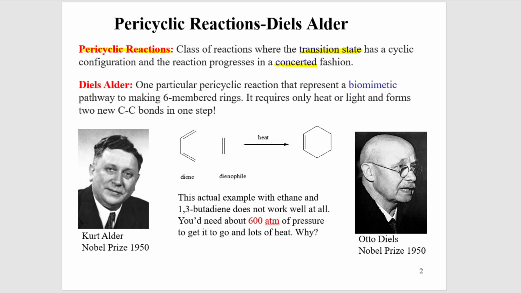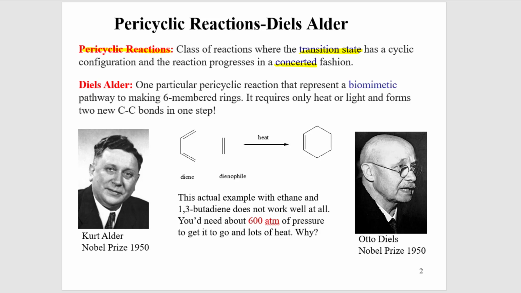And there's a couple really cool things about it. One of them being biomimetic. What does that mean? It means that this is how nature can form six-membered rings. And it means that we can go in the lab and actually do a Diels-Alder in a flask. So this is really cool.